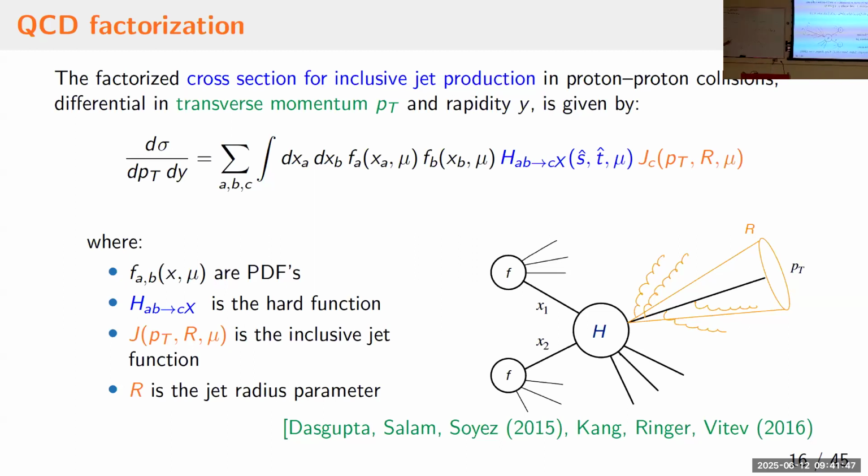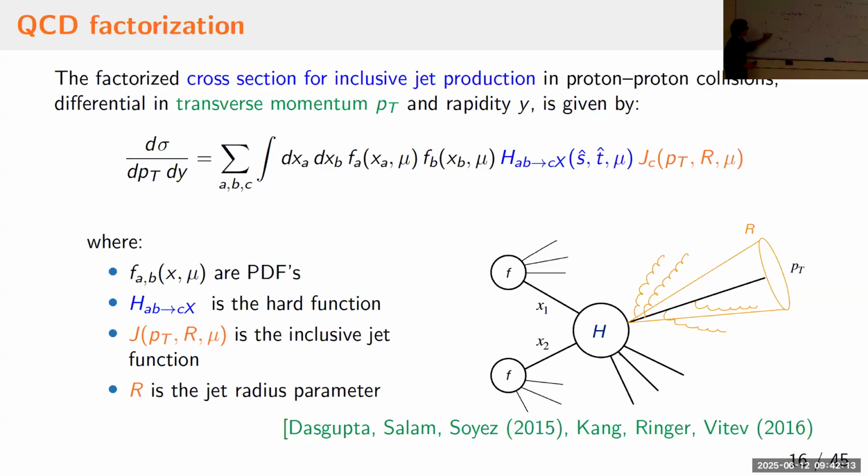Now, what goes into the jet function is all of the fine dynamics along the direction of the jet, right? So suppose now the jet is not only a quark. The jet is a bunch of particles. Suppose it radiates a collinear gluon. So long as it is collinear to the jet, you can say this belongs to the jet, right?